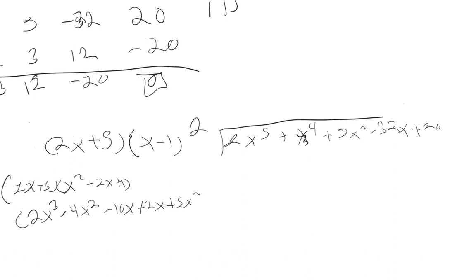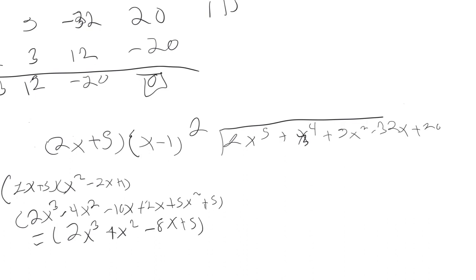So I'm doing this one at a time. I did it with the 2x and I'm doing it with the 5. I already did the minus 10x plus 5. This is equal to 2x cubed plus x squared minus 8x plus 5.